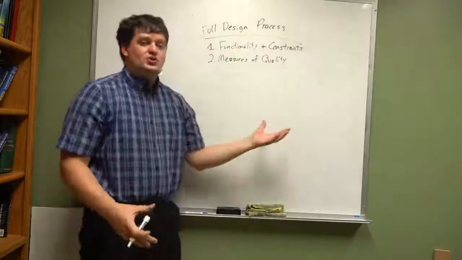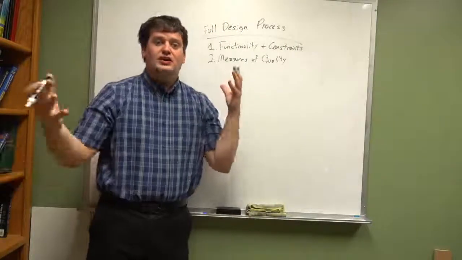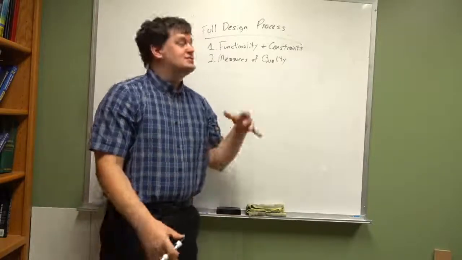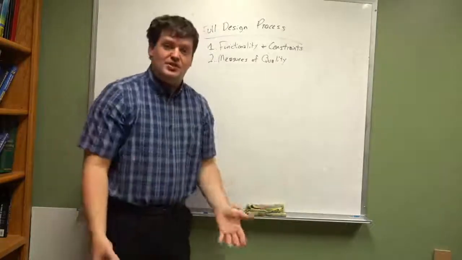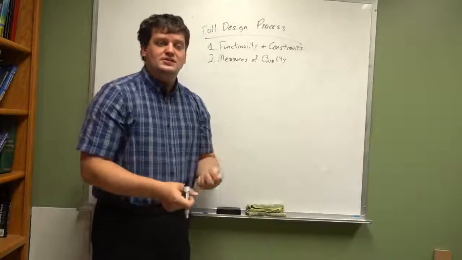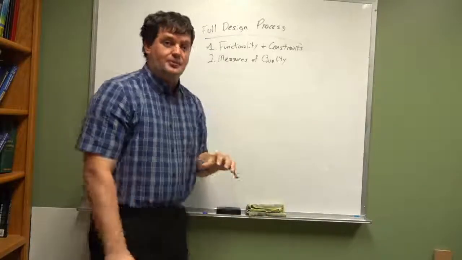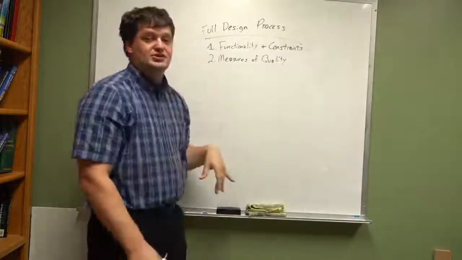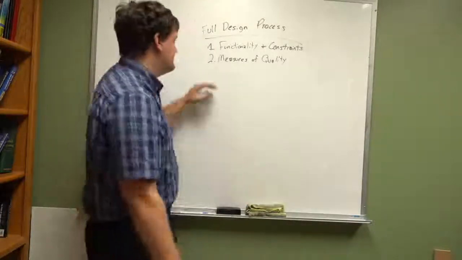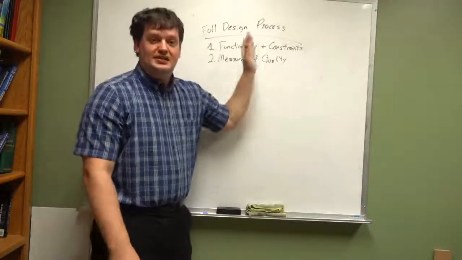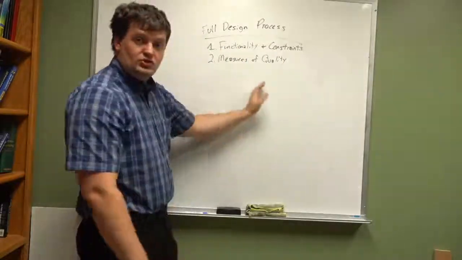Measures of quality are ways by which you can analyze and compare different designs, materials, methods, and components, so that you can optimize and make a piece better. This ultimately gives you your conditions of what is better, what is a satisfactory solution, what is a good solution.